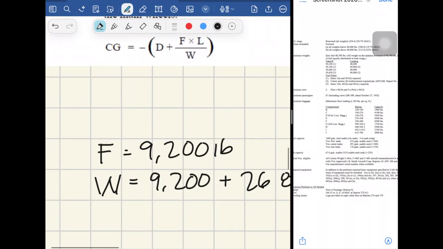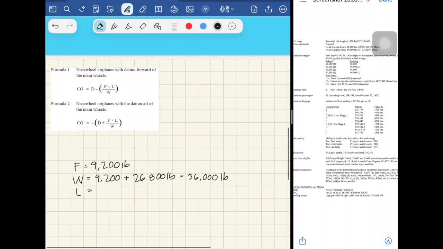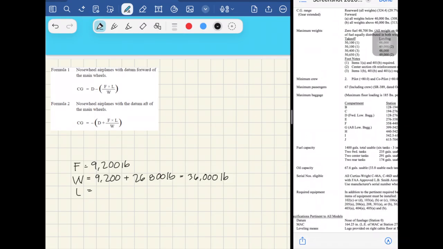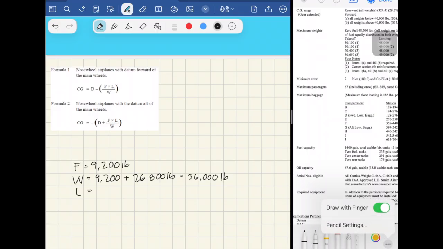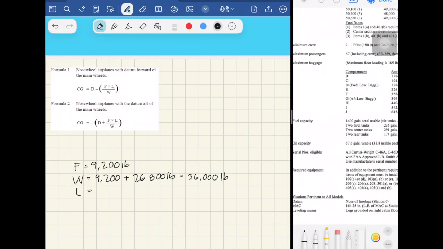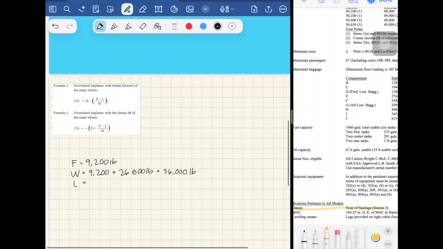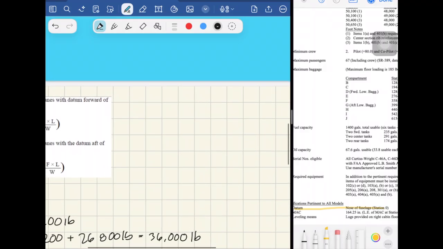And then for L, L is the distance between the main landing gear and the nose wheel. In our TCDS, it is indicated that the datum is located at the nose of the fuselage. We can see it here on the side: datum, nose of fuselage, station 0. If we look at it from a visual perspective, let's draw an example aircraft.